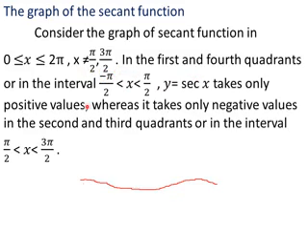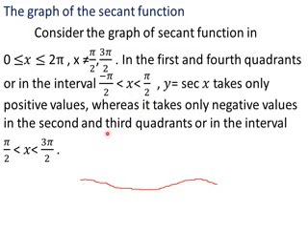In the first and fourth quadrant, or in the interval minus pi by 2, pi by 2, secant function will be positive. In the starting of trigonometry, we have learned All Silver Tea Cups. So according to that, in the first quadrant and fourth quadrant, secant function will be positive. Or you can say in the interval minus pi by 2, pi by 2, secant function is positive.